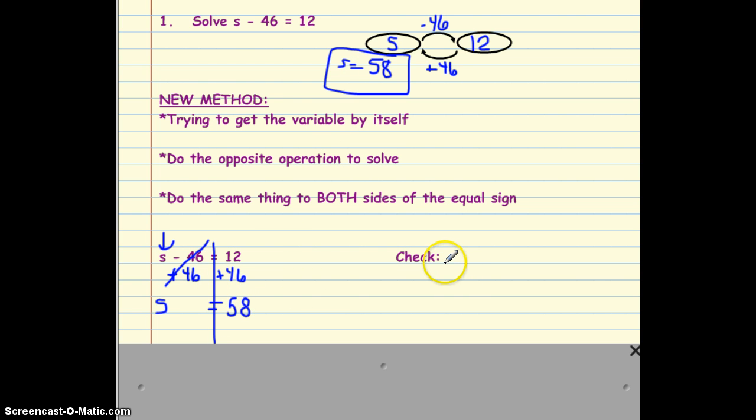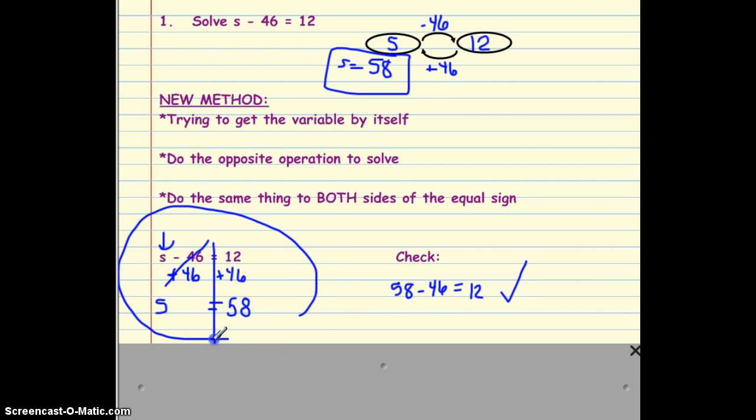And the cool thing is we can always check. If s equals 58, we can go back into our equation here, and instead of s, we can put 58. And then it says minus 46, and it's supposed to equal 12. Does 58 minus 46 equal 12? Yes, it does. We are correct.